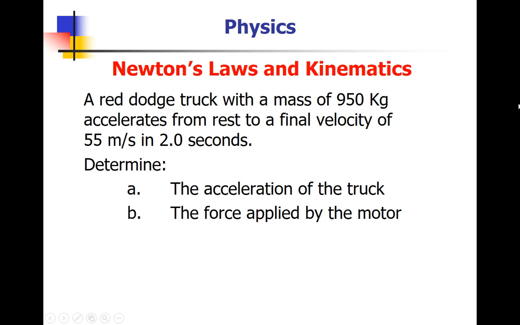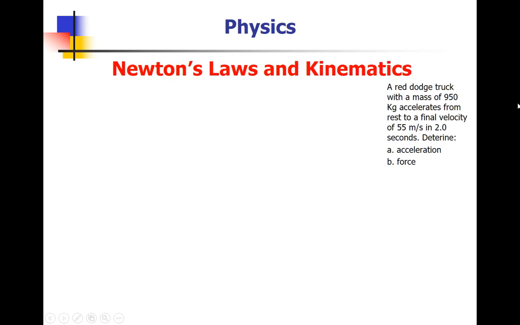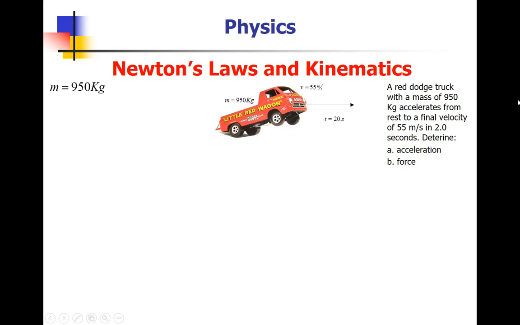I've read it. After I read it, the next thing I do is diagram it, and here comes our little red wagon rolling down the track from 0 to 55 in 2 seconds. Now I list the mass at 950 kilograms, the initial velocity 0 meters per second, the final velocity 55 meters per second, and the time of 2 seconds. What is the acceleration and the applied force?